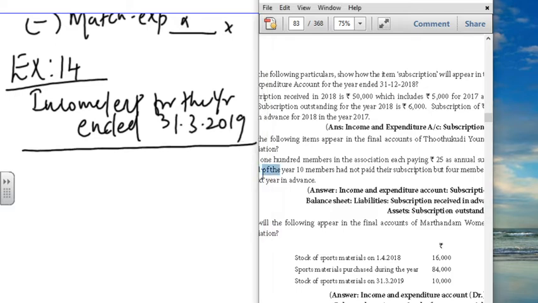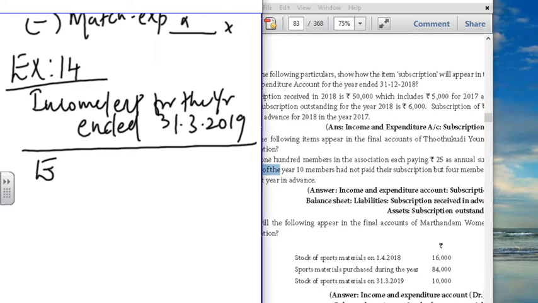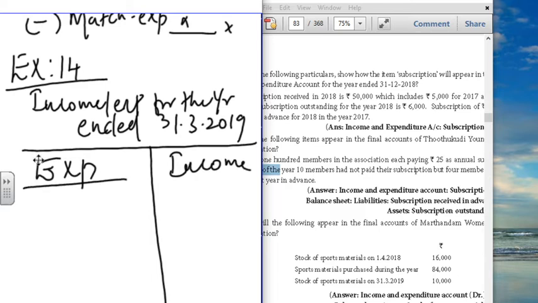So in this you are going to make it out in the expenditure. So the income side is blank here. Sports material appears only on the expenditure side.